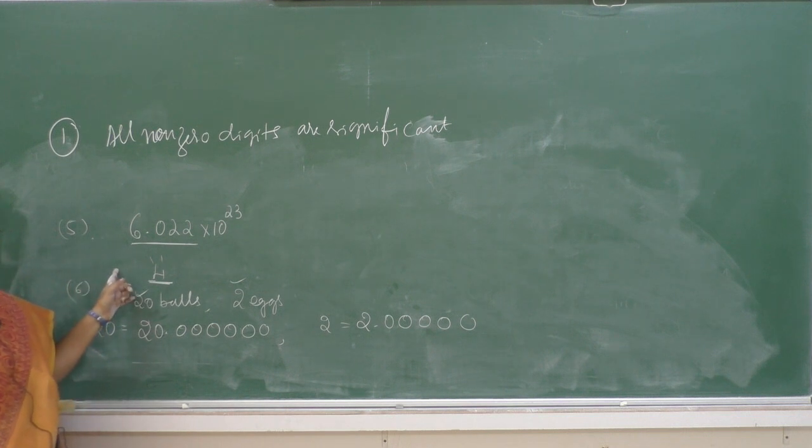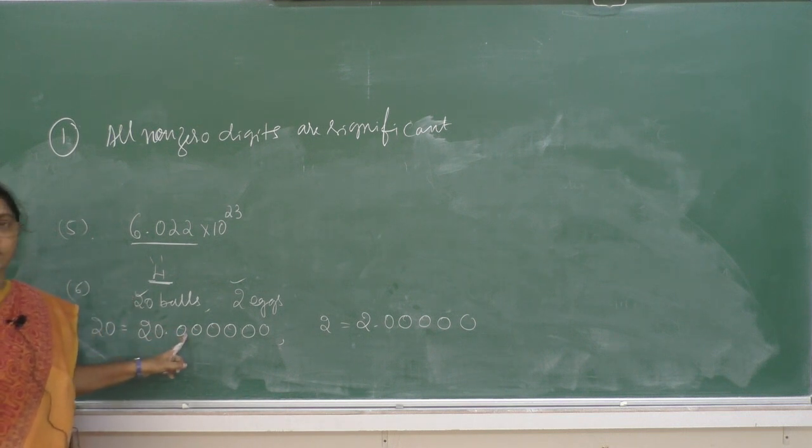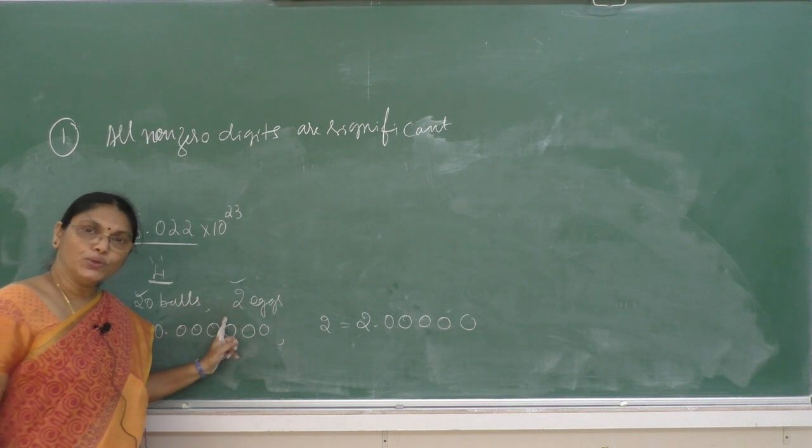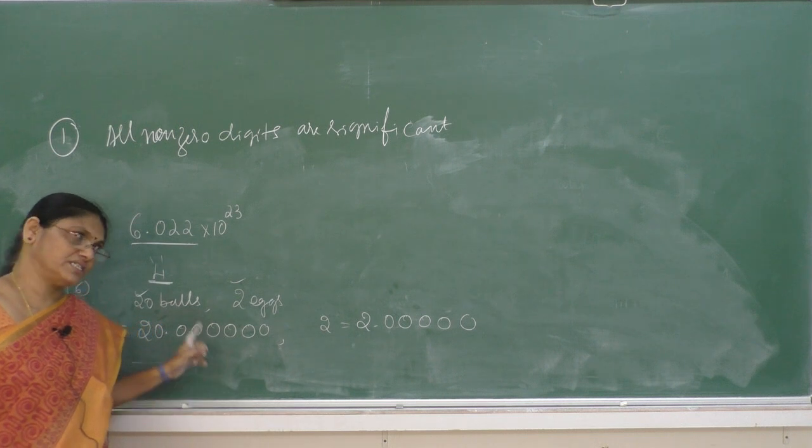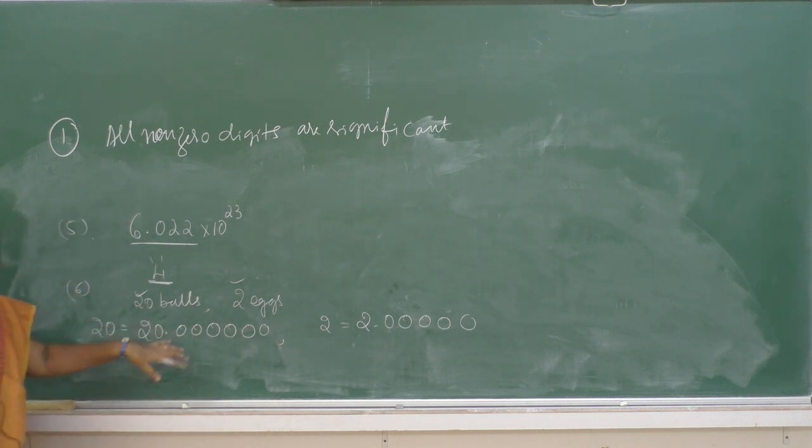The third rule says that the zeros between two non-zero digits are significant.